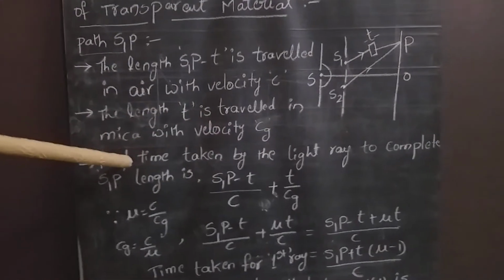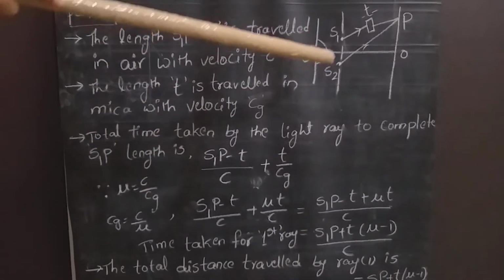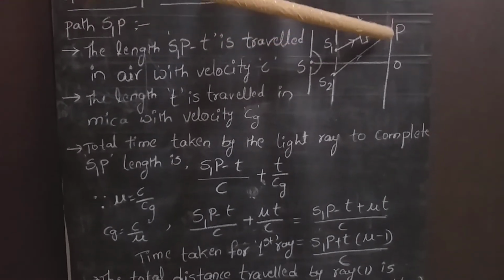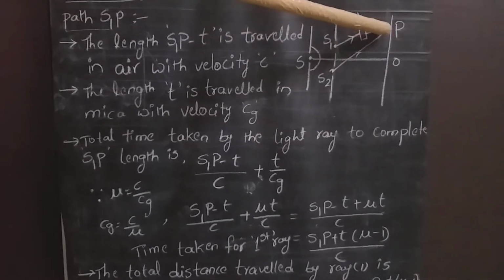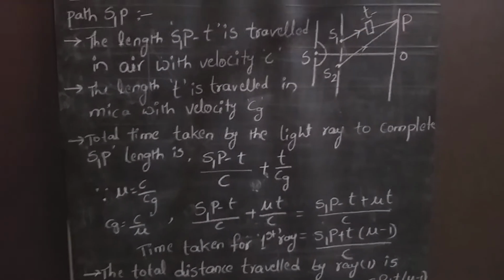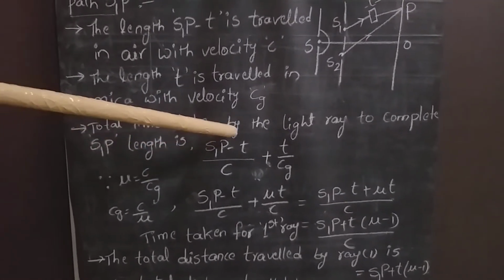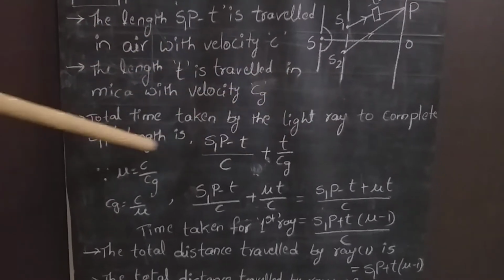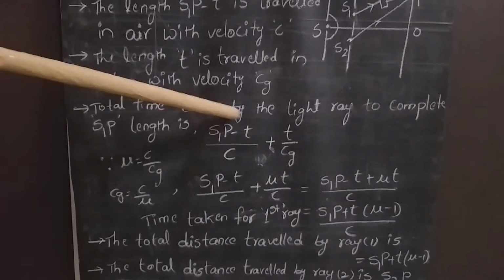Now, I am going to find out the total time taken by the first light beam when it starts at S1 and ends its journey at point P. You see here the time taken by the light ray to complete the S1P length is this one.